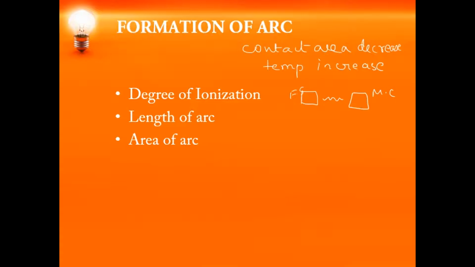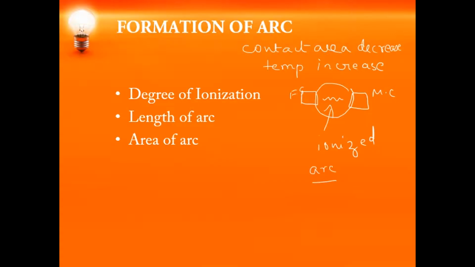When the temperature is increased, the region around the fixed contact and the moving contact will get ionized. Whatever medium is present there, that particular area gets ionized, and that ionized particle will form an arc.